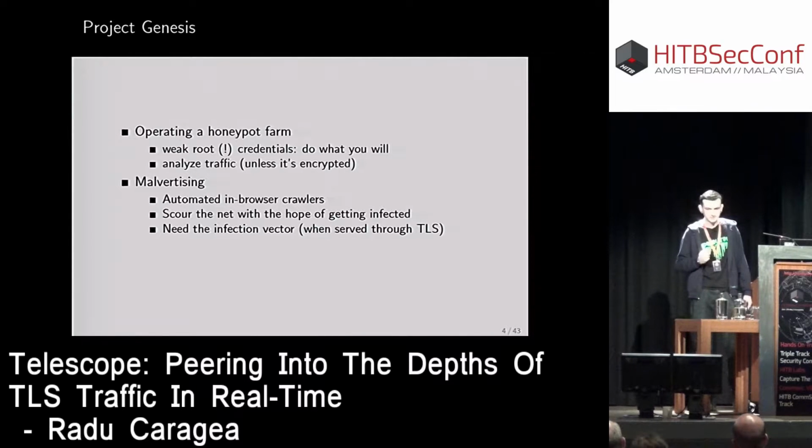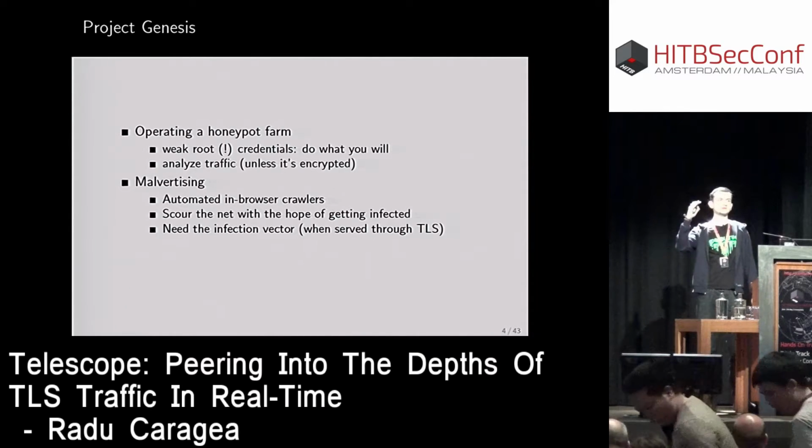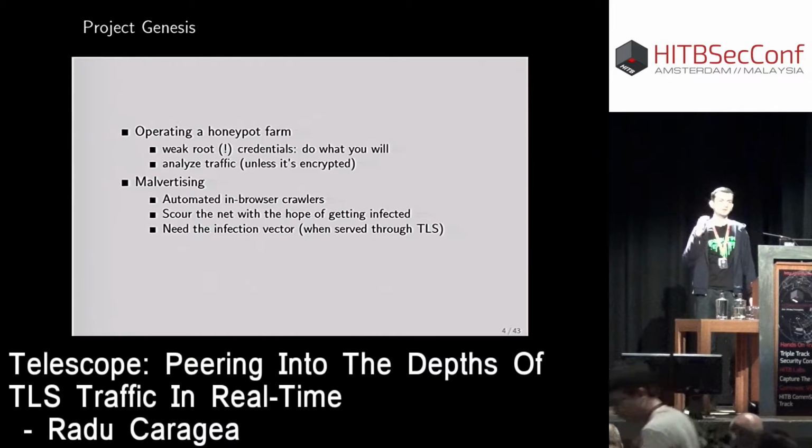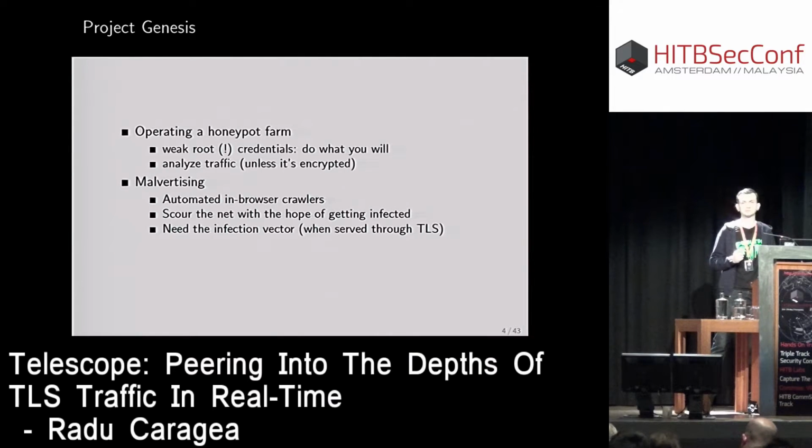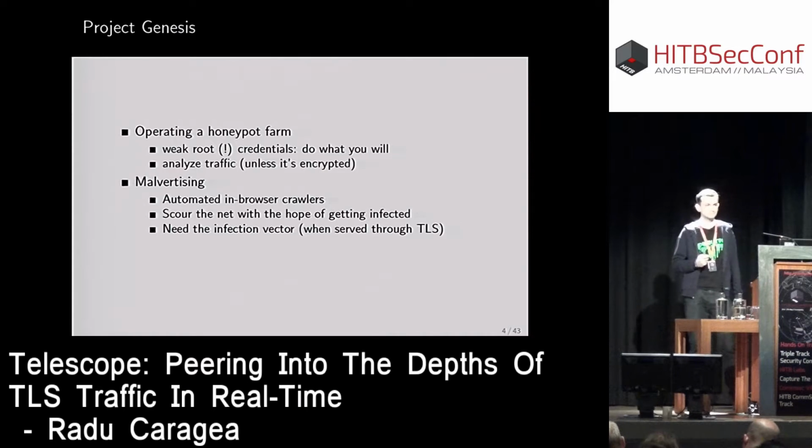However, most of the time, these infection samples come in stages. And when the first stage is downloaded, it's usually fed through some TLS-enabled site, either the advertisement sites or the attacker's servers.